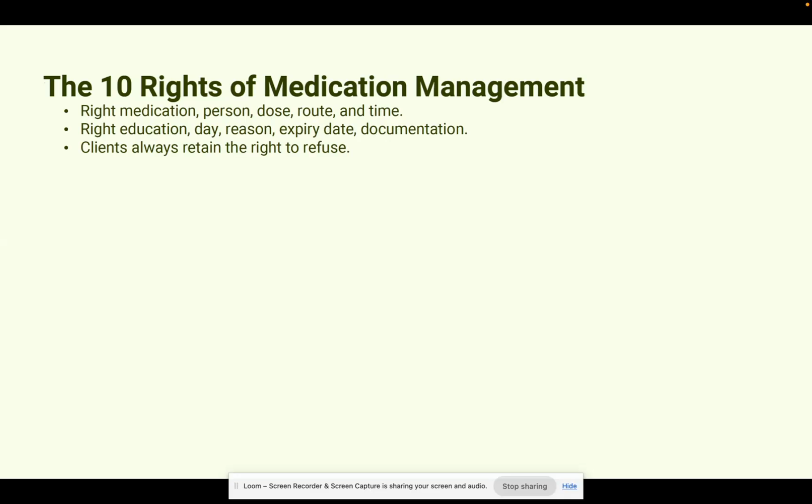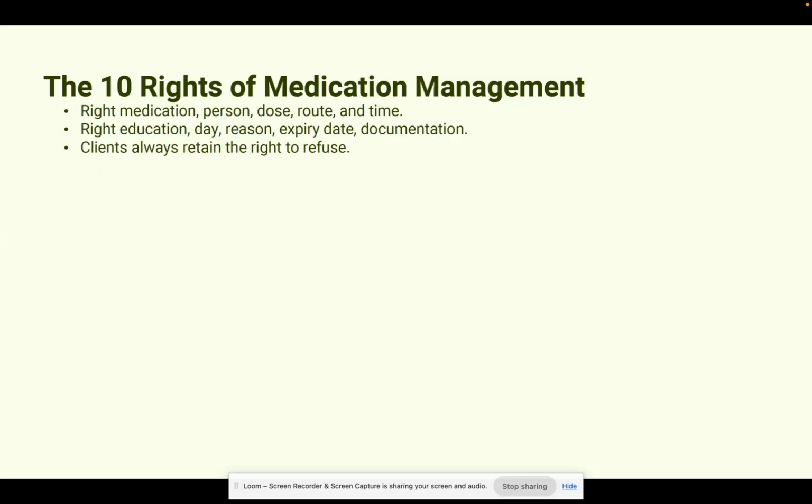So the 10 rights of medication management are very important to remember, guys, because as we give medication or assist clients with it, it should always be the right medication. Double check the MAR, double check the care plan, and double check the client's name by asking them, can you state your name, please?